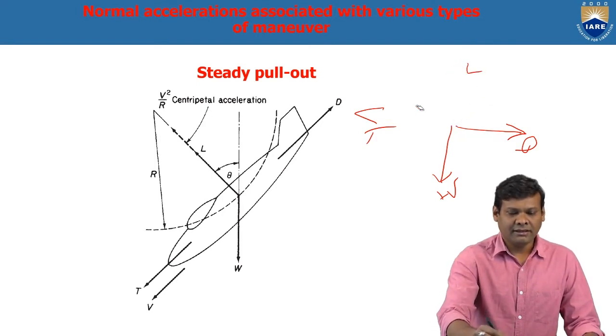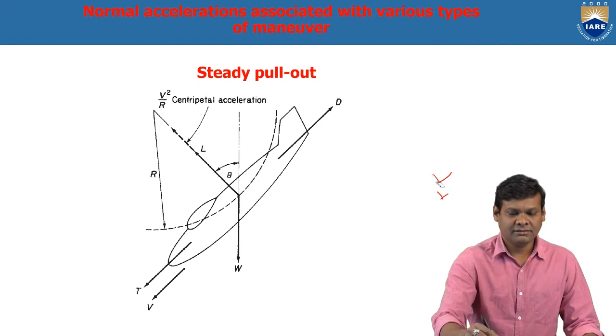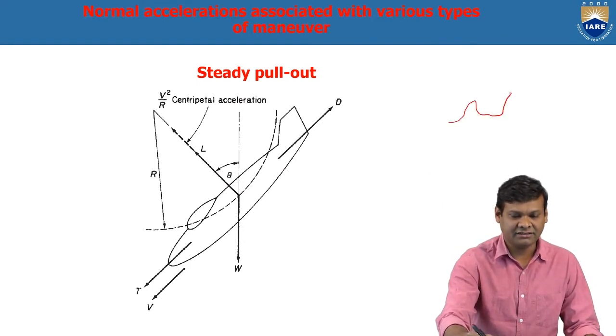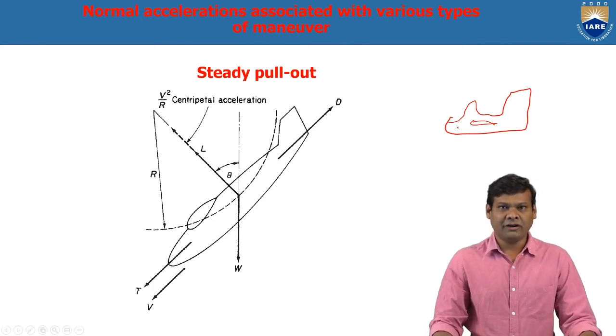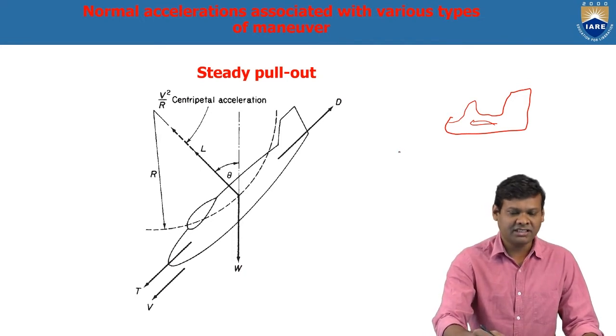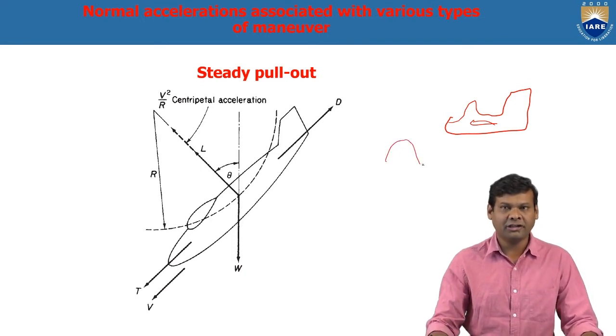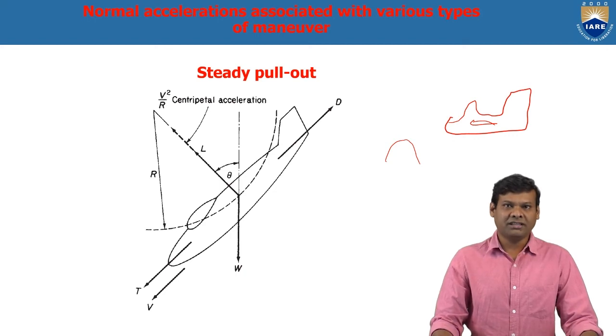Now let us imagine an aircraft in level flight condition. Suddenly, let us consider the pilot has operated the elevators, or there is some gust which is appearing here. Then the pilot needs to overcome the gust.